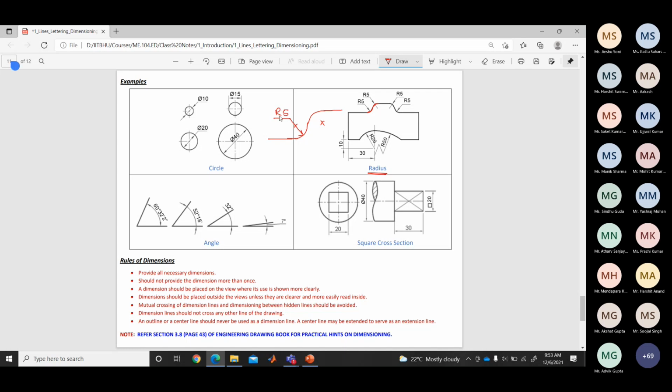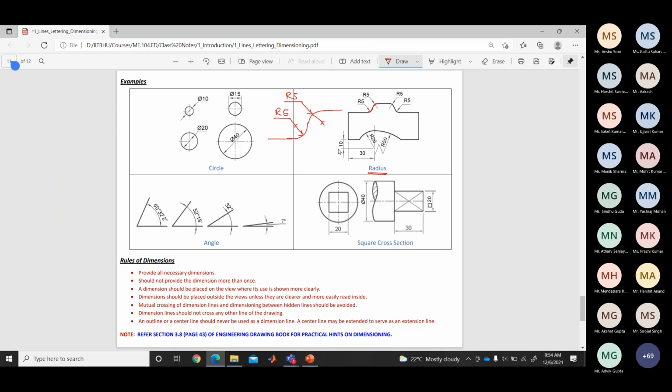R stands for radius. For this inner one as well, this is taken from here, it's extended here. Alright. R5. R stands for radius. Alright.